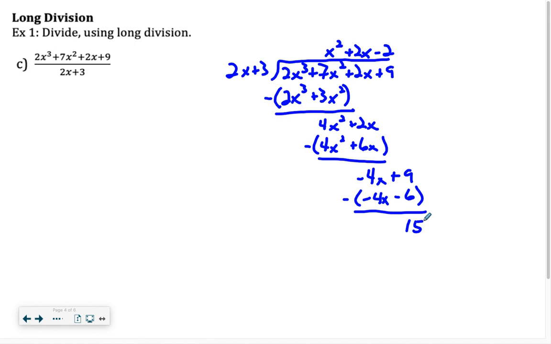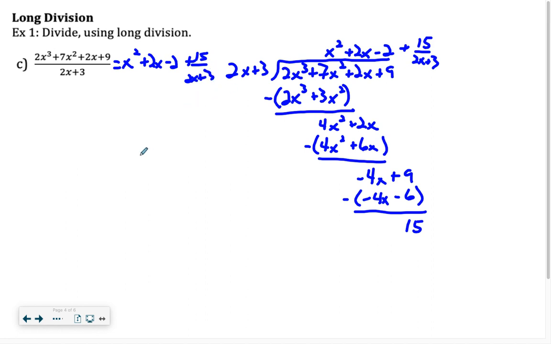I have nothing left to bring down, which means 15 is my remainder. So we always write a remainder like this. Okay, so I can write my answer here as x squared plus 2x minus 2 plus 15 over 2x plus 3.